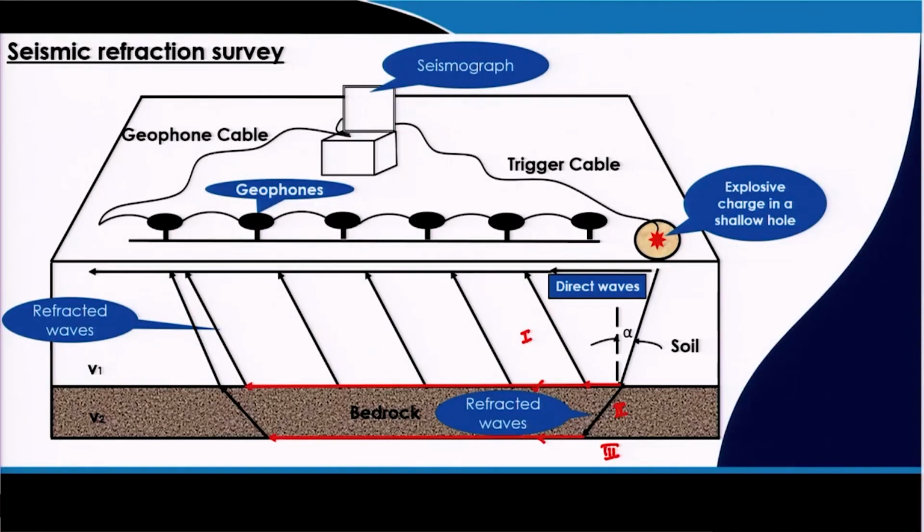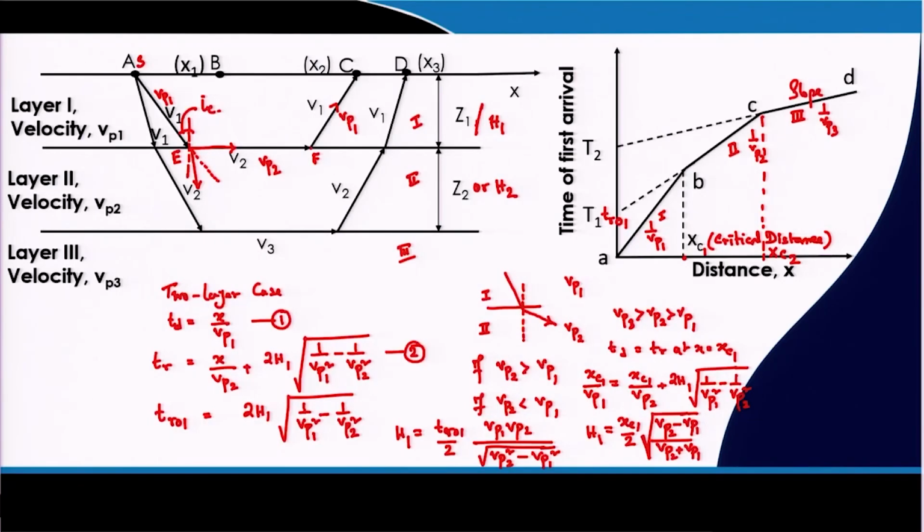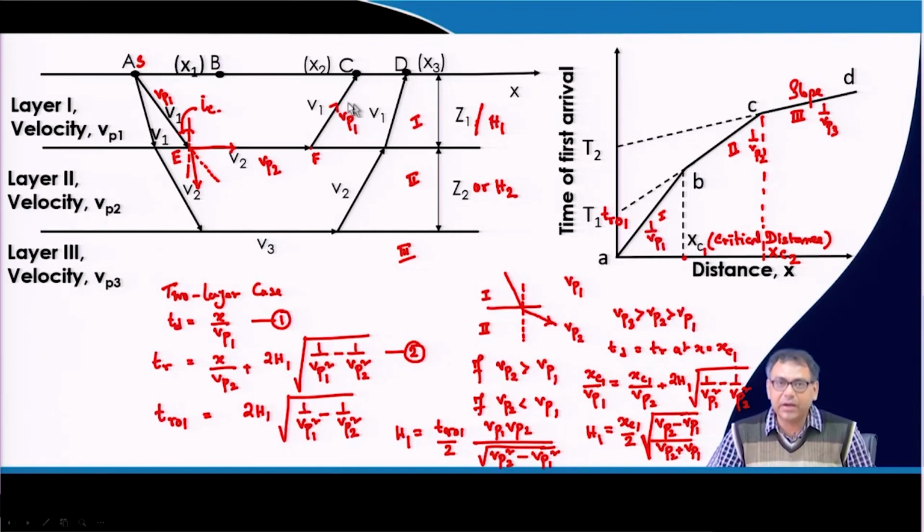Now, in this seismic refraction test, as I was discussing, there will be a critical distance. If I put a geophone within the distance xc1, then the direct ray will reach first.